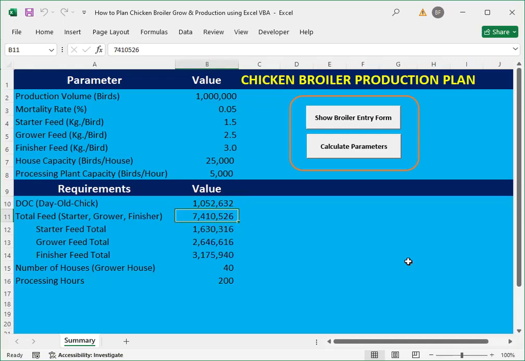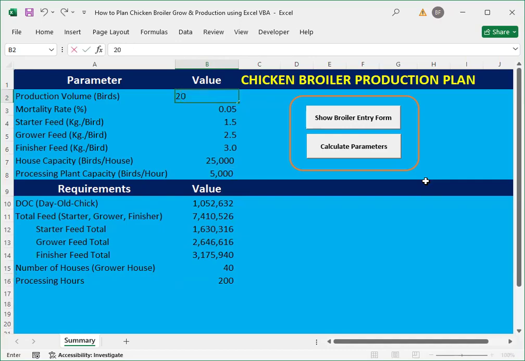Okay, and the total feed would become 7,410,000 total feed requirement, that is starter plus grower plus finisher, and the houses would remain at 40, 200 processing hours.